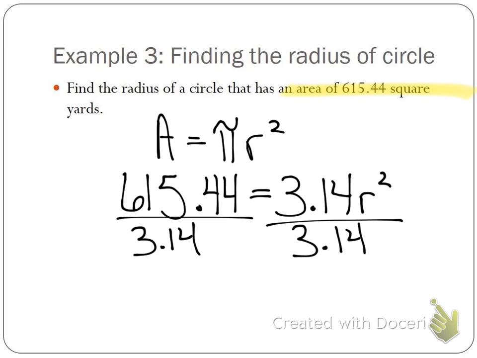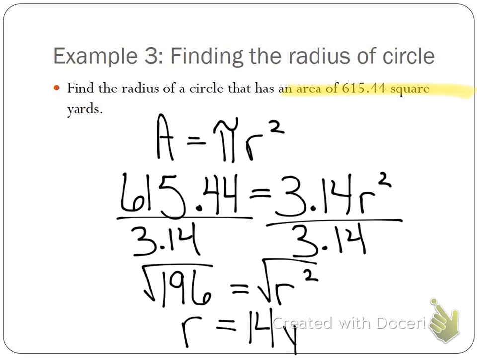Okay, now when I divide 615.44 by 3.14, what do I get? 196 equals r squared. Now, do you remember what I do to solve for r now? You got to do the square root. So if it's squared, the opposite is to take the square root of both sides. So r is 14.